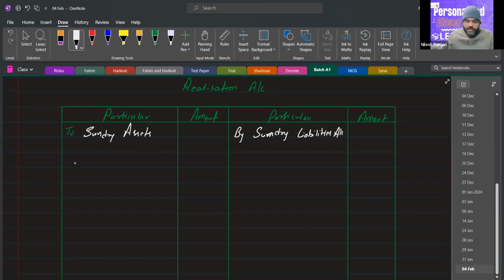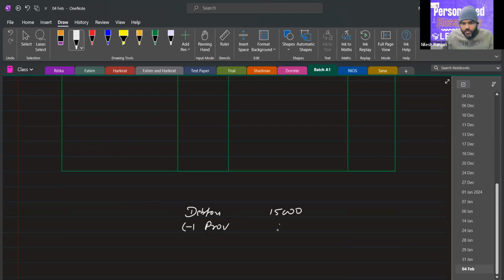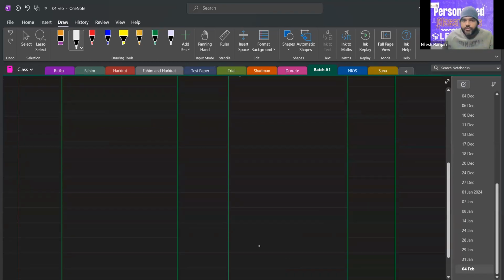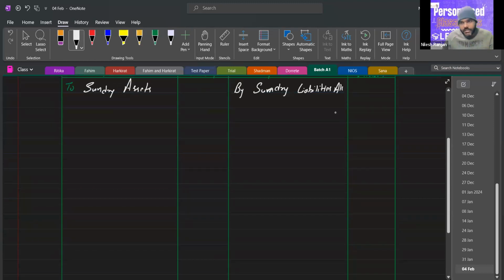Debtors will be like this: in the balance sheet, you will find debtors minus provision. Let's say it is 15,000 minus provision 1,000, so it is 14,000. Now, debtors 15,000 will be written on the debit side, and this 1,000 provision will be written on the credit side.